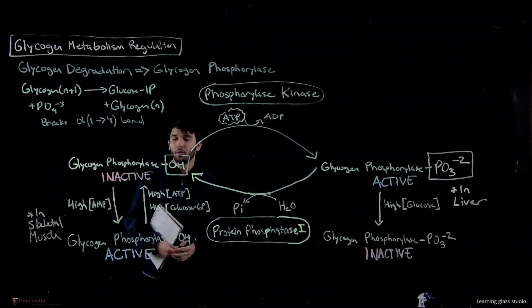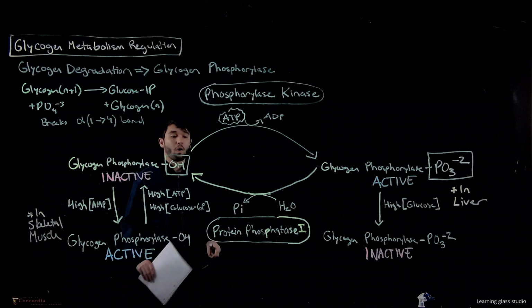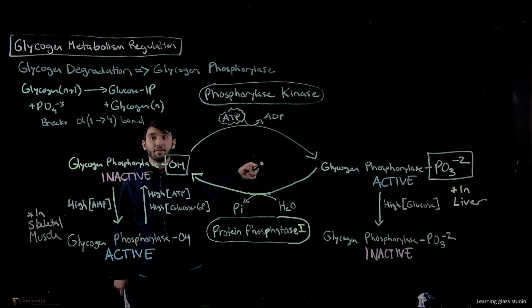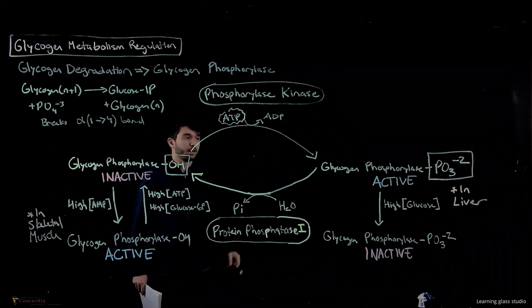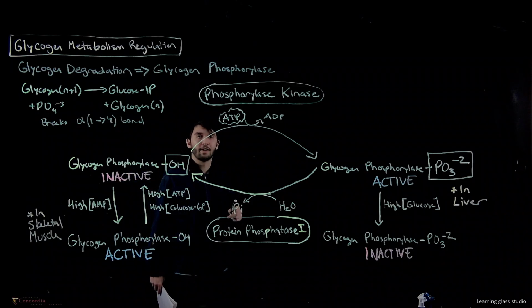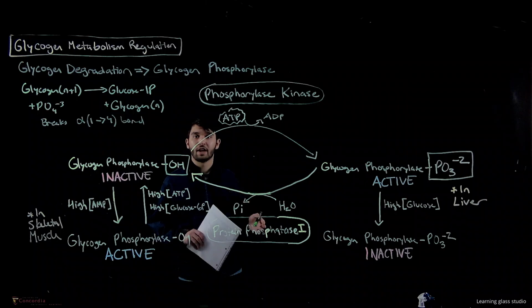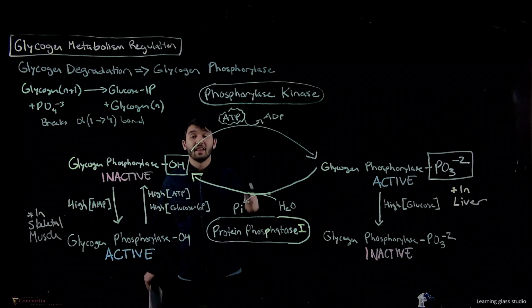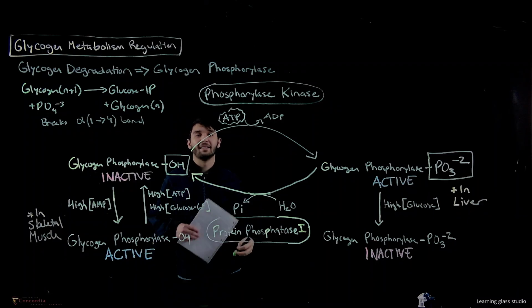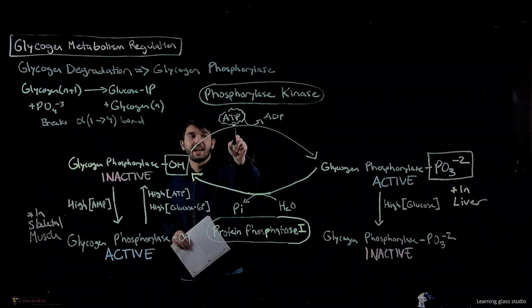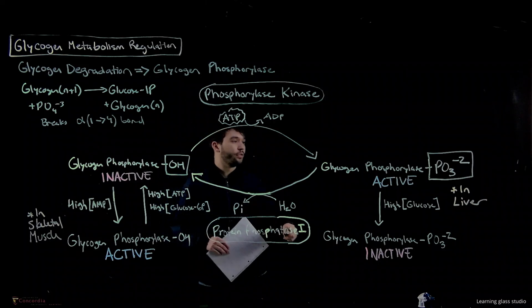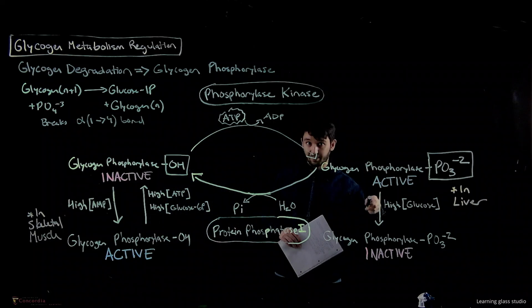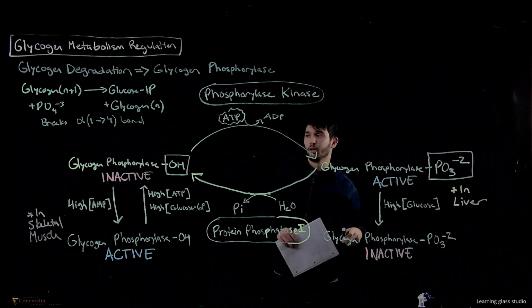That's important to know. So in order to activate and phosphorylate glycogen phosphorylase, the enzyme, right? This is a regulation happening by phosphorylating the enzyme itself. The enzyme that phosphorylates the enzyme is phosphorylase kinase. So this is going to be using ATP in order to phosphorylate glycogen phosphorylase and activate it, okay?